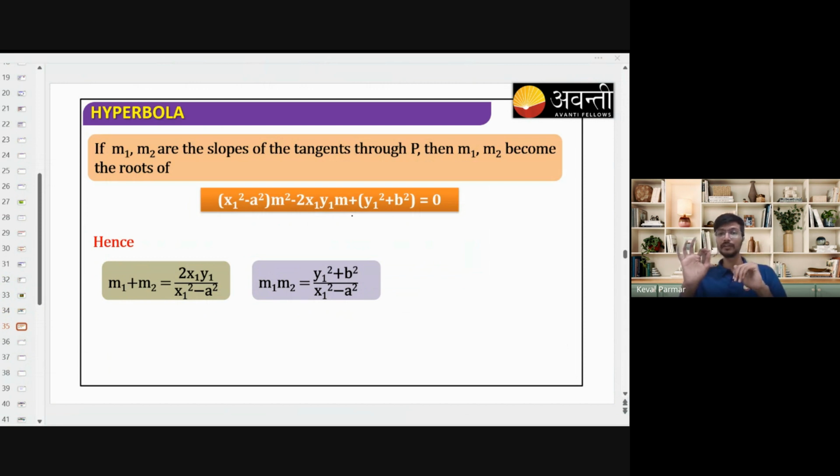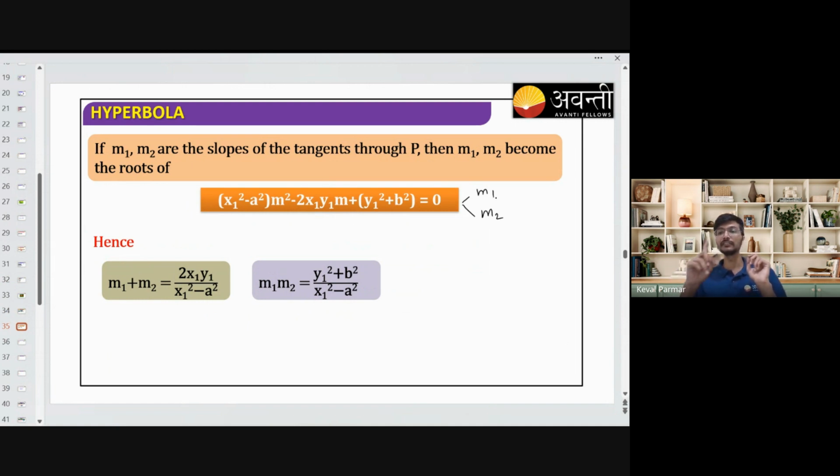If m1, m2 are slopes of the two tangents through P, that means through an external point P there will be two tangents drawn, and the roots of these equations, which are m1 and m2, are the roots of the quadratic equation which will give us the slopes of the two tangents drawn from the external point P. Correct?